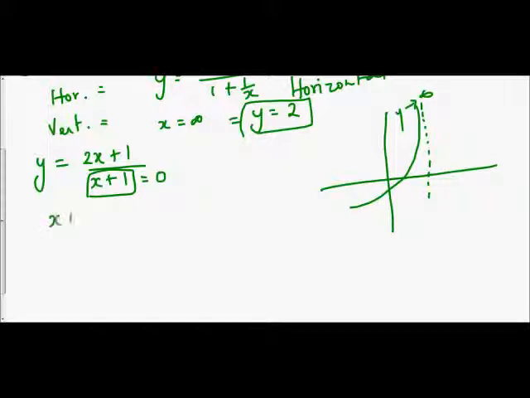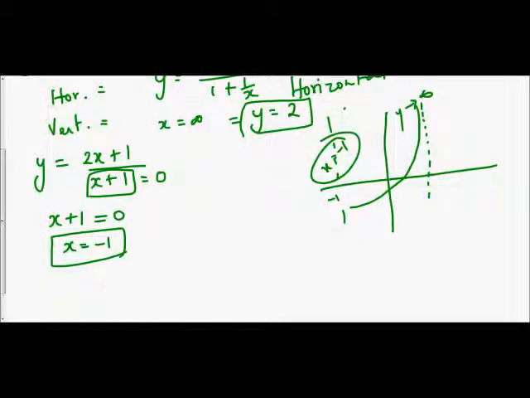Okay, so it's simple to find vertical asymptotes. Just make the denominator 0 and find the value. So x is equal to minus 1. It doesn't look like that, but here it should be somewhere in this place. So x is equal to minus 1 is our vertical asymptote. As I said, it's of the form x is equal to k. So the vertical asymptote is x is equal to minus 1.